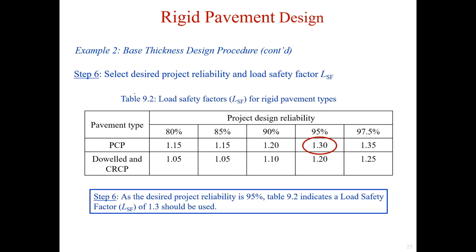Step 6 is to select the desired project reliability and load safety factor as SF. As the project reliability is given as 95%, and we chose PCP, from table 9.2, we found a load safety factor SF of 1.3 for the rigid pavement design.